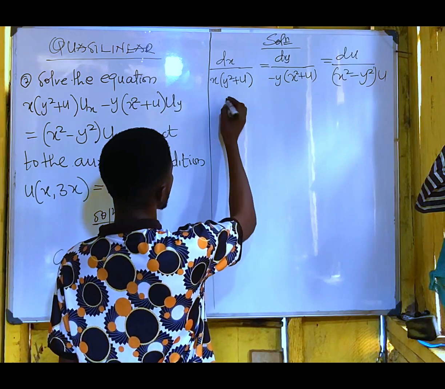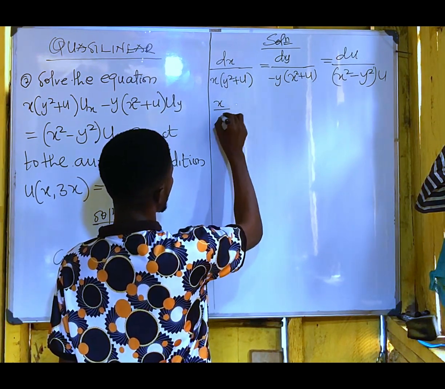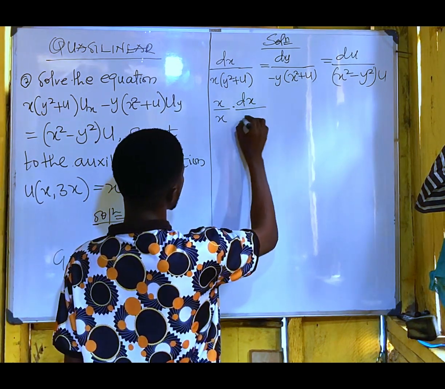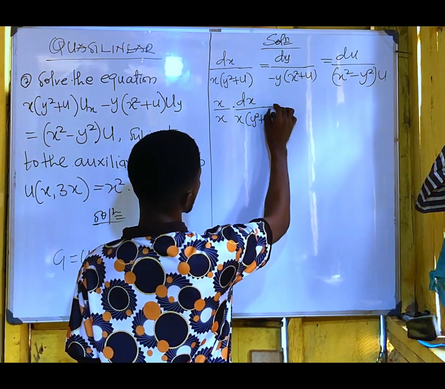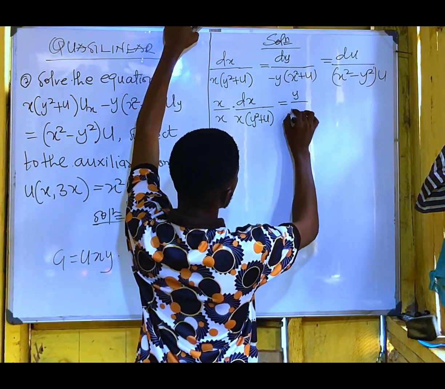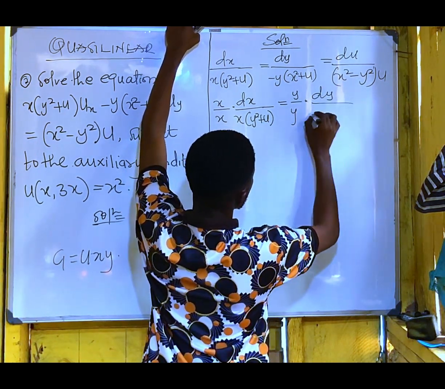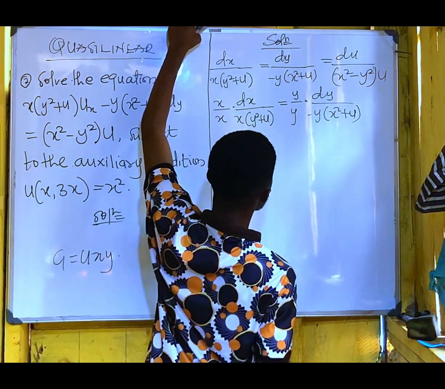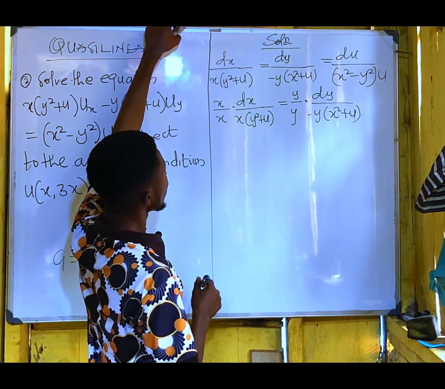Let me multiply this side by x over x. So the x over x(y squared plus u). Then also multiply here by y over y, multiply by dy over negative y(x squared plus u). Okay, don't forget about the u for now.